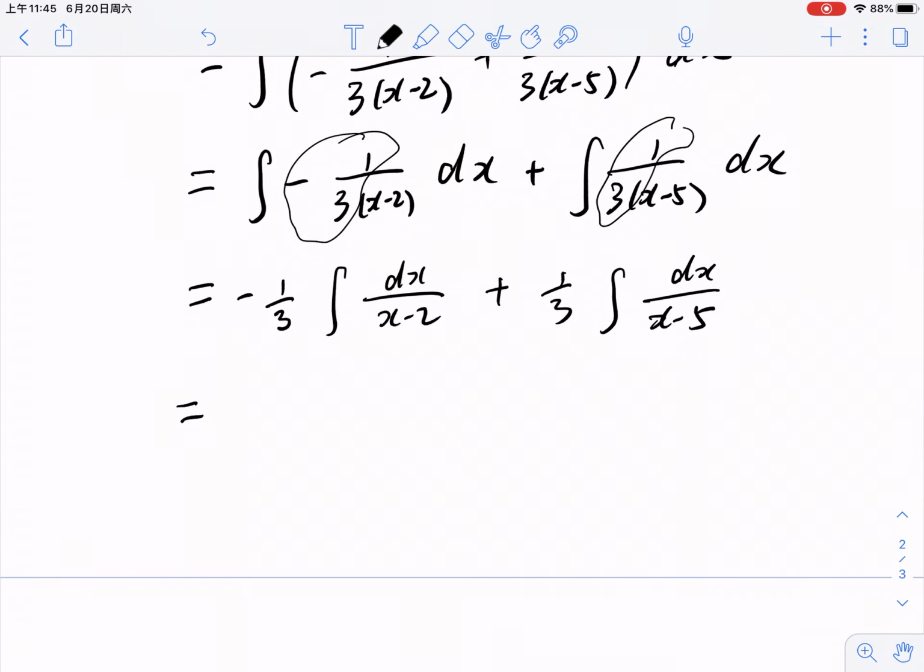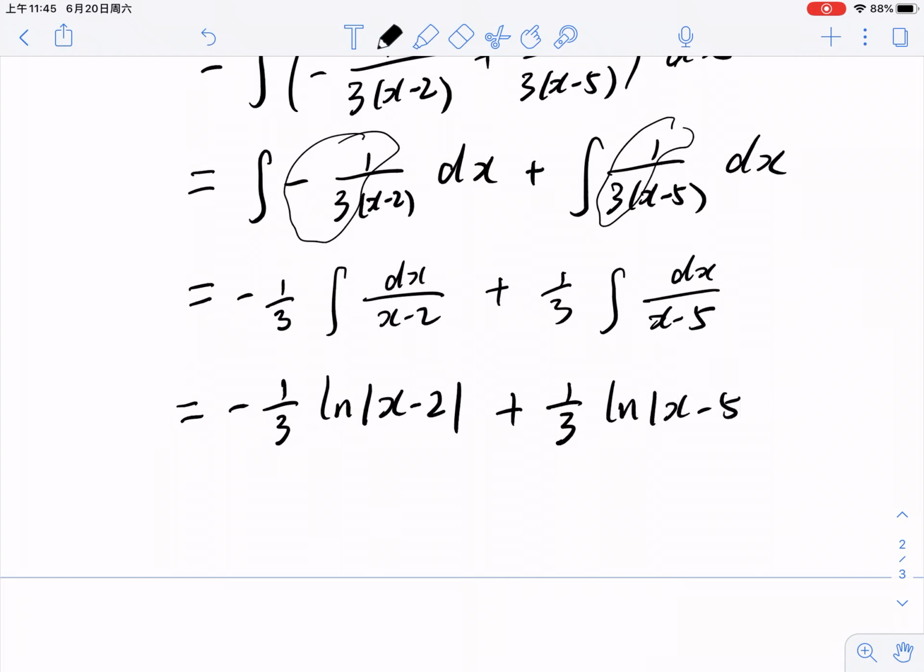So this is equal to negative 1/3 ln the absolute value of x minus 2 plus 1/3 ln the absolute value of x minus 5, then plus the constant C. Since this is the indefinite integral, don't forget the constant C. Then we finish this example.